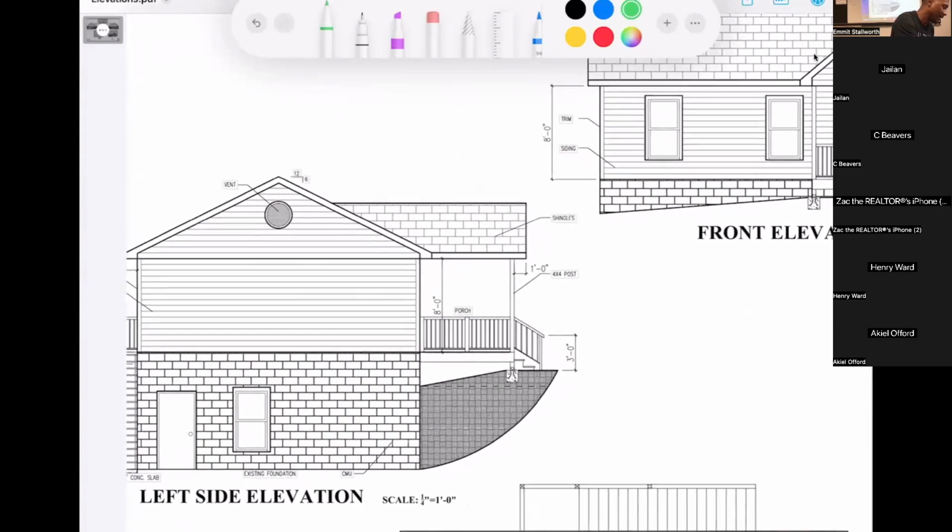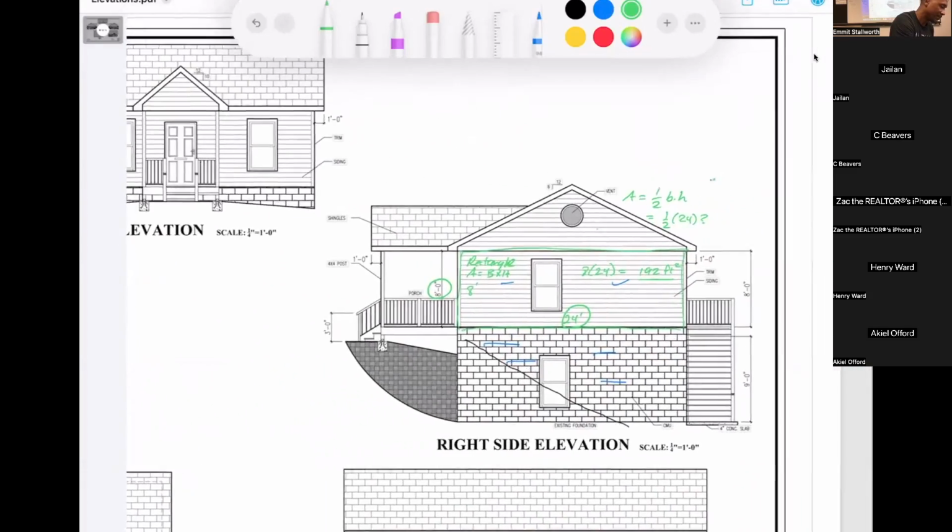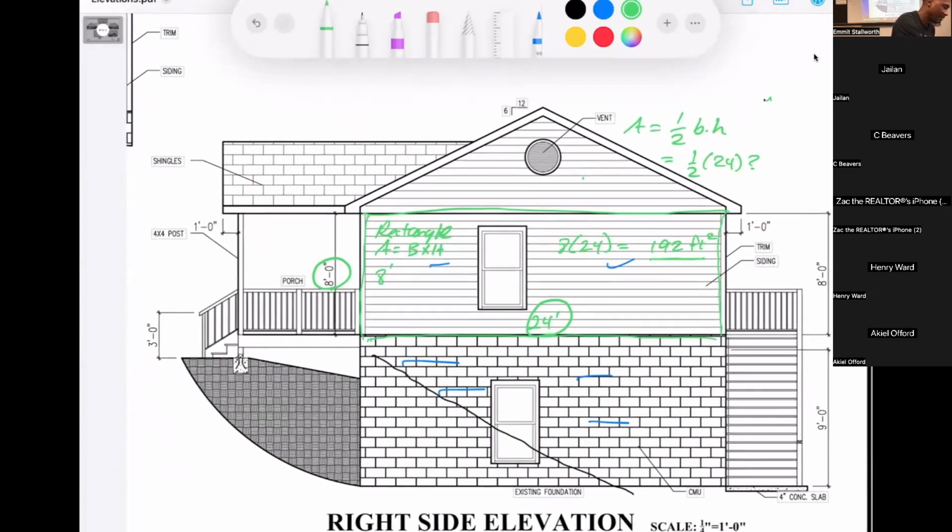It's not giving me this height right here, and this is what I need. What is my next option to find out what that height is?